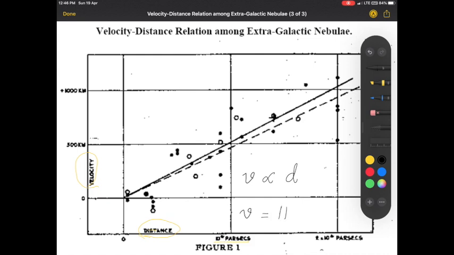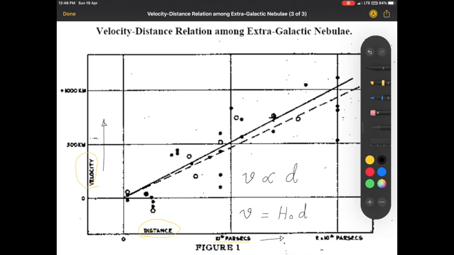And I don't know whether he called it, but we call it Hubble's constant. So we write V equals Hubble constant times d. So this is the distance that was measured. The distance is the direct measured quantity, remember, and this axis is the velocity.